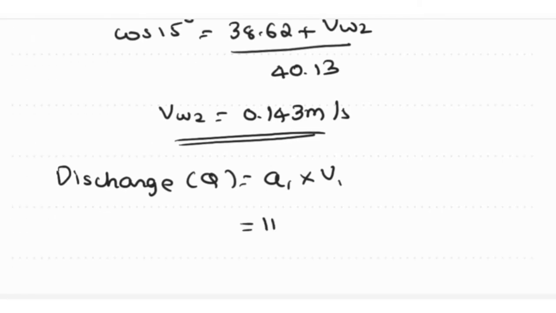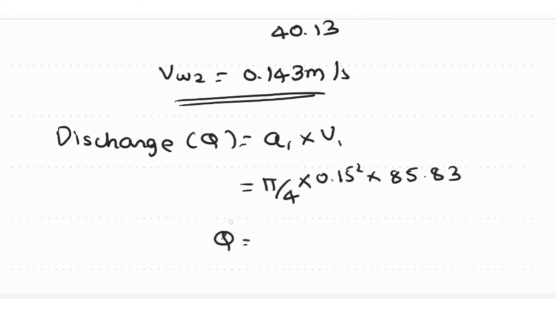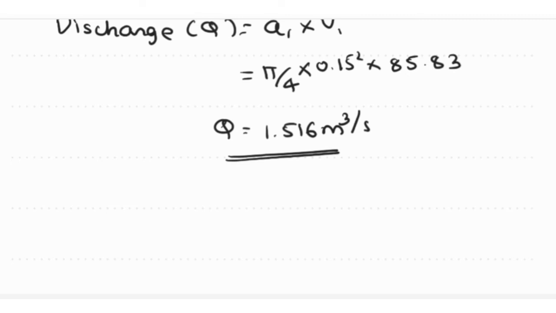That is pi by 4 into D1, which is 150 mm or 0.15, square, into V1, which is 85.83. So Q is equal to, we'll get it as, meter cube per second. Next, going with the work done.